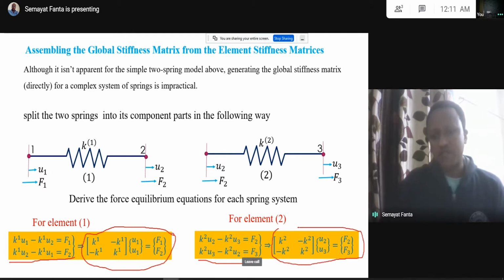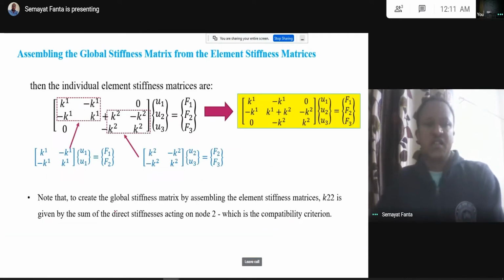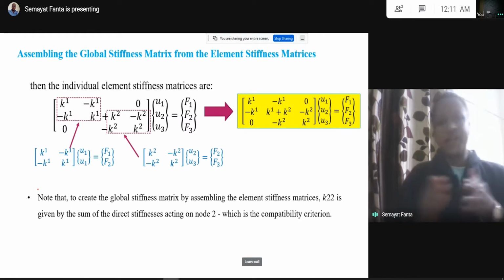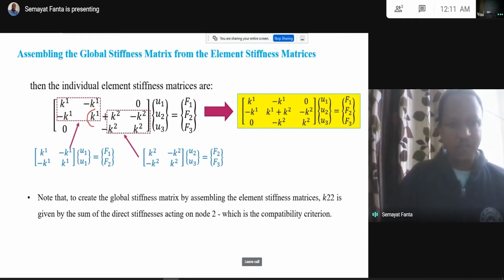This is the matrix form representation for element 1 and for element 2. Then we assemble these two equations. Due to the presence of the compatibility condition, this K1 plus K2 of node 2 will come at this point.